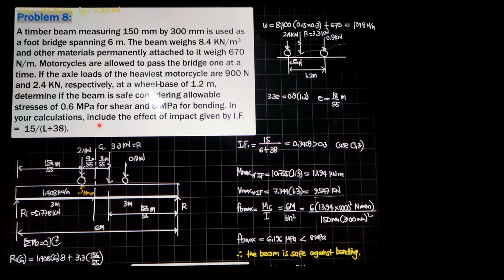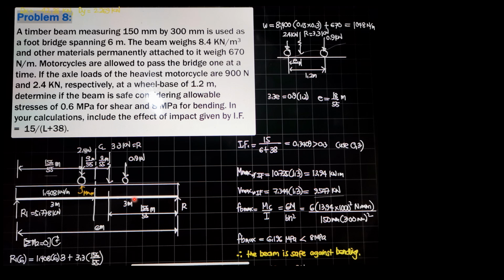In your calculations, include the effect of impact factor given by 15 over quantity L plus 38, where L is the length of the member. Then, aside from this, we also consider the principle that the absolute maximum moment occurs under the load, particularly the heavier load, when that load and the resultant of the loads are positioned equidistant from the center line of the beam, for the simply supported beam only.